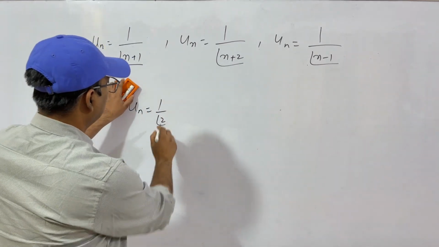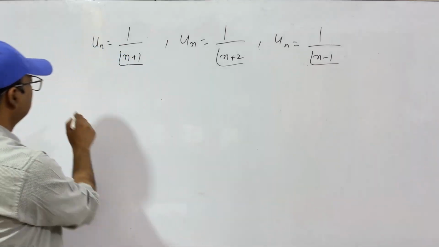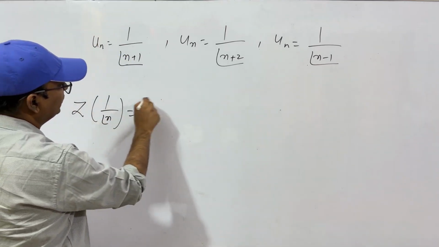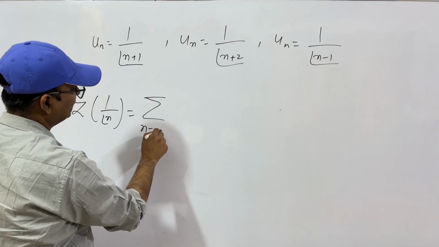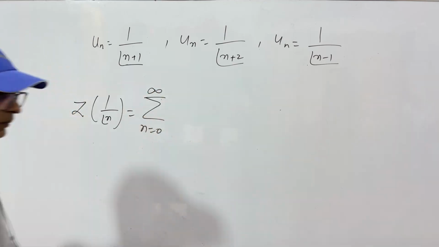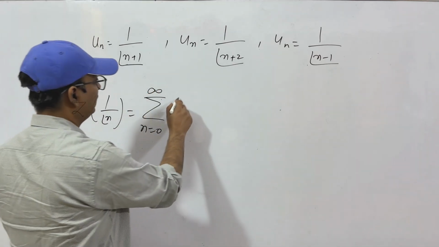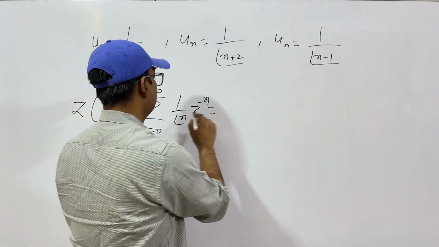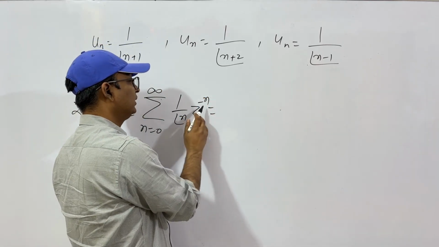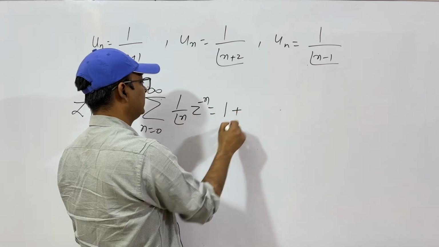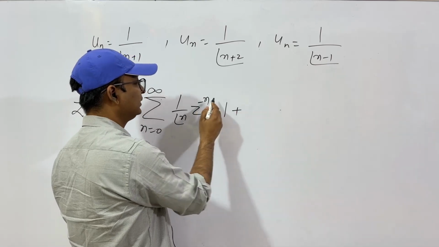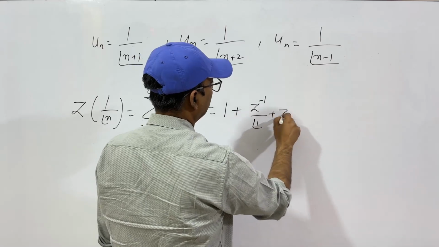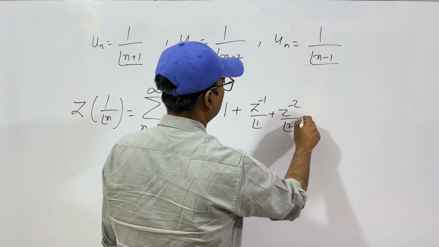So what is Z of 1 by factorial n? From our basic definition, it will be the sum from n equal to 0 to infinity of 1 by factorial n times z to the power minus n. If you expand it, for n equal to 0, this will be 1; for n equal to 1, this will be z minus 1 by factorial 1, then z minus 2 by factorial 2, and so on.